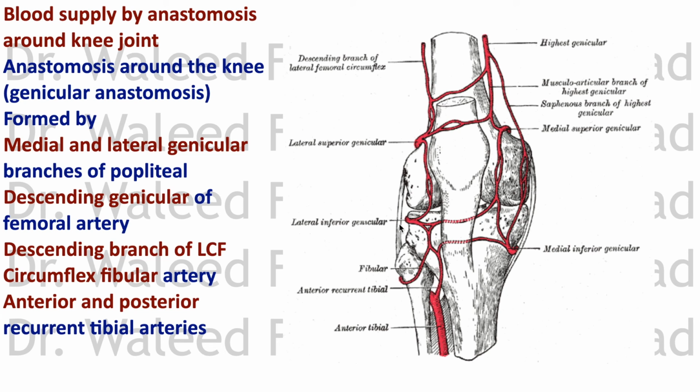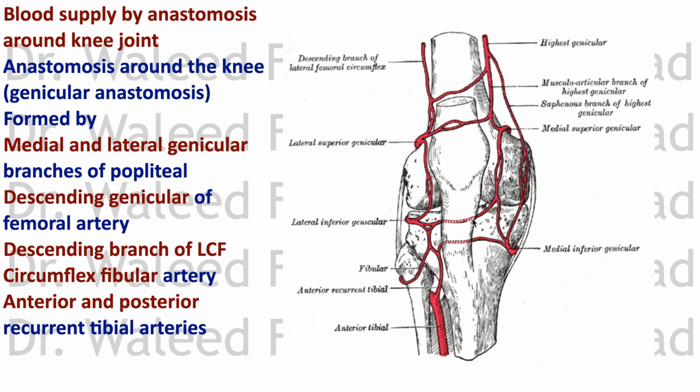The circumflex fibular artery and the anterior and posterior tibial recurrent arteries also share in it. So it's an extensive anastomosis. If any part is occluded, it's compensated from all the surroundings.